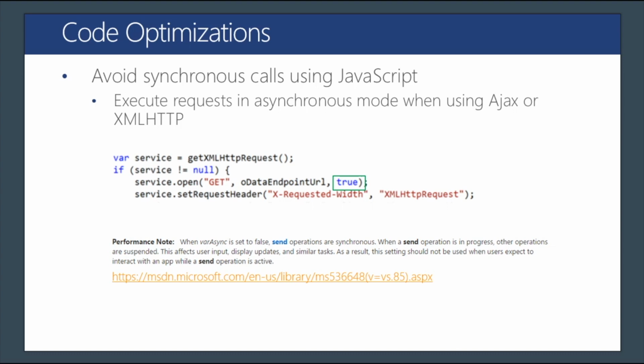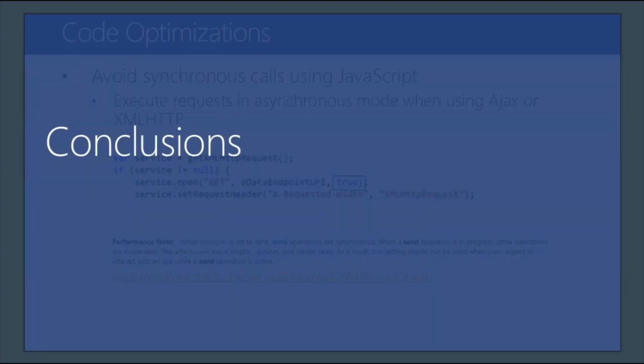So completely avoid, as much as possible, using synchronous JavaScript in your client scripts, because it can have a very, very bad impact on the user experience for your end user. So it's super important to make sure that these requests are asynchronous and the user is not blocked from performing any other operations. It's a very critical point, and make sure that you take care of this.